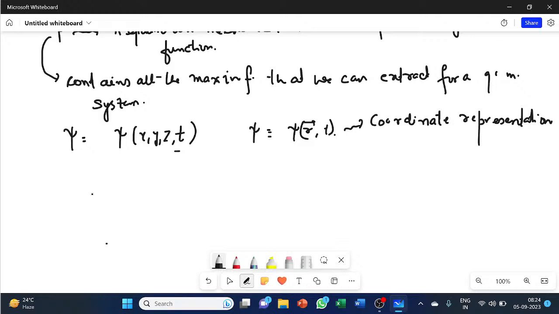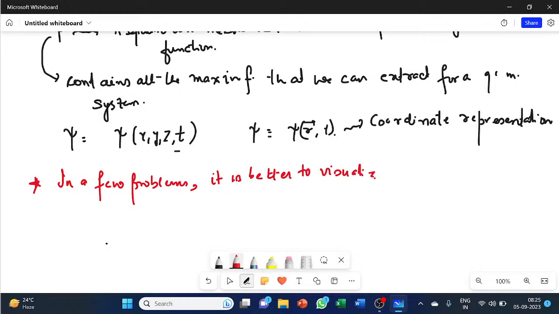Don't worry about all these things right now, but I'm just writing a little note here. So in a few problems, it is better to visualize the state of the quantum system in momentum space.